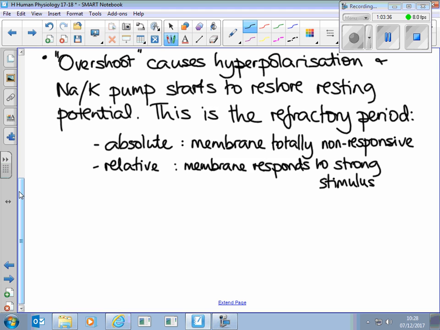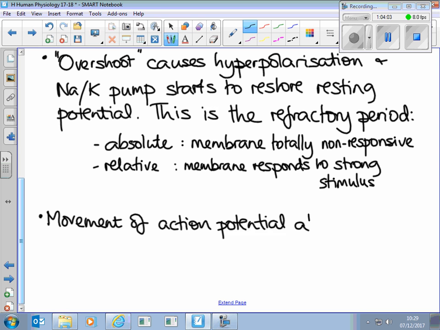All right, so what you can get out of this is, as I said, all or nothing. So I now need another bullet point, let's go for it anyway. So movement of action potential, and we've got a handout that goes with this. I've just left it all till the end. So movement of action potential along a neurone equals the impulse.